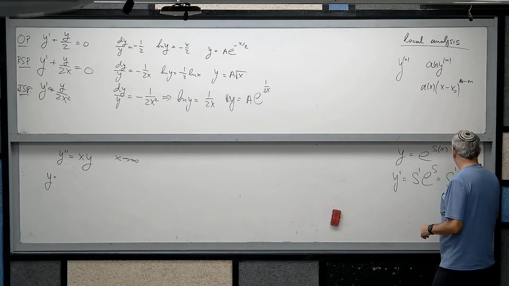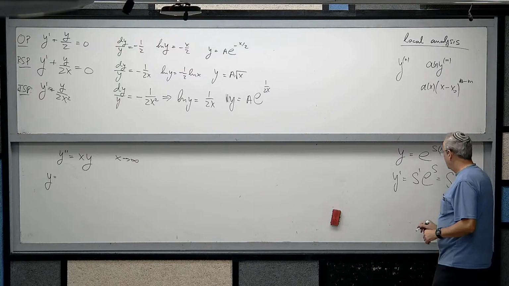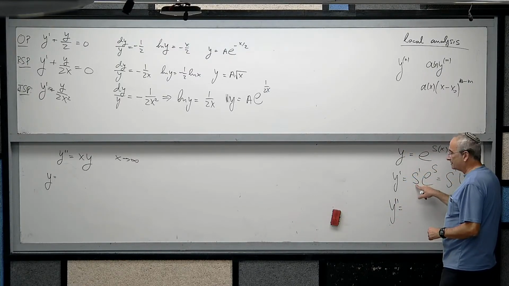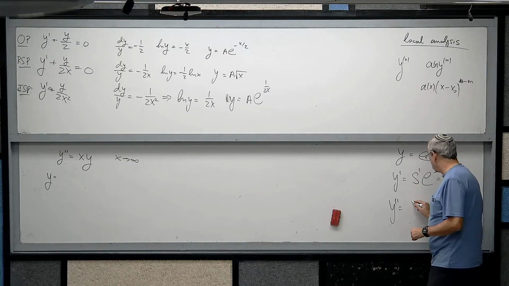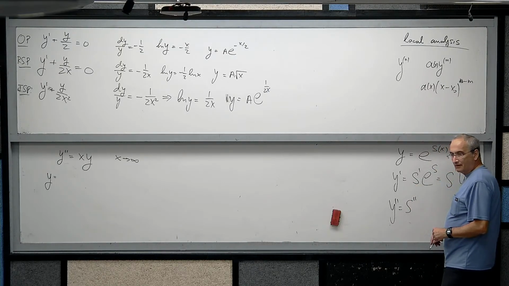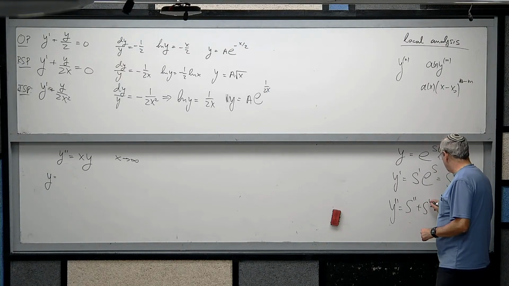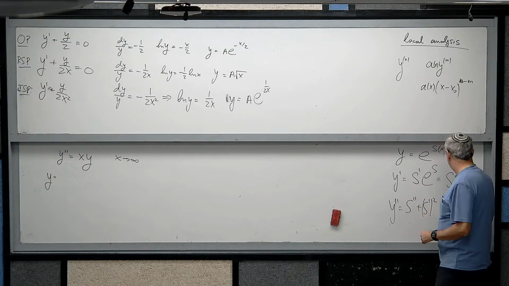Which implies that y prime is s prime times e to the s, which is s prime times y, and y double prime will be what? Now I can take the derivative of the s and get s double prime, or I can take the derivative here and I will get plus s prime squared, right?